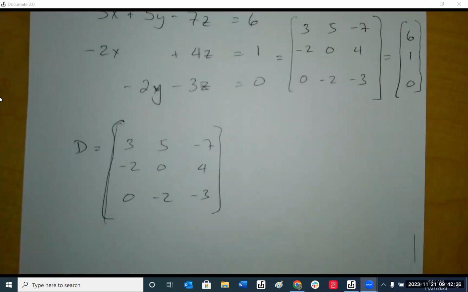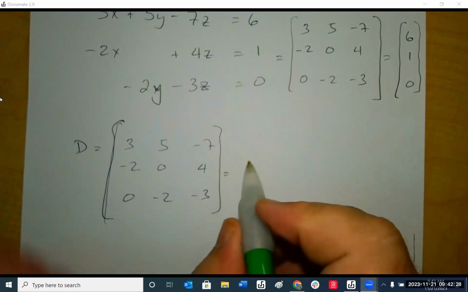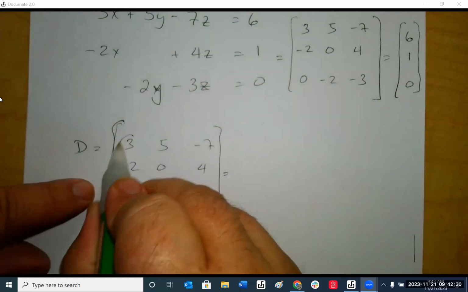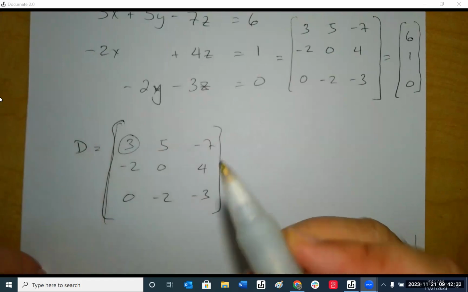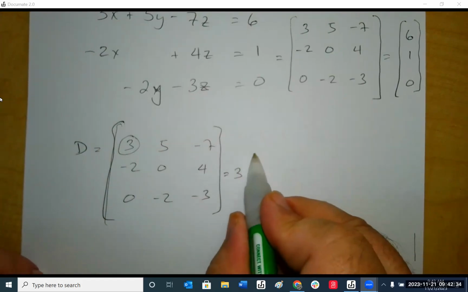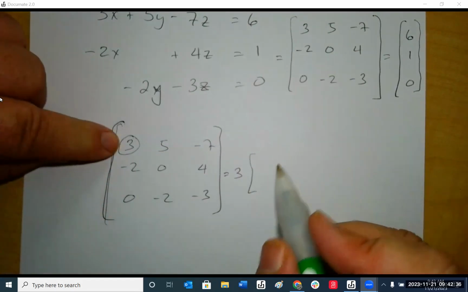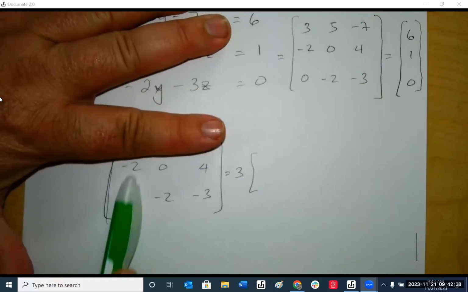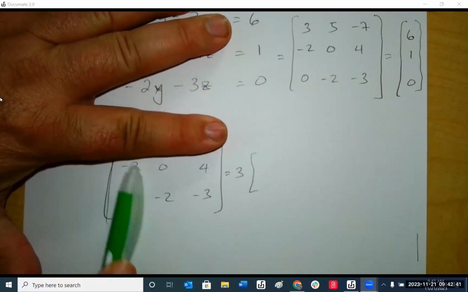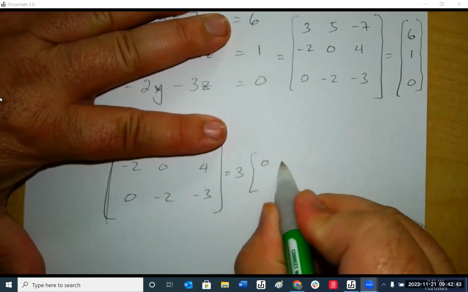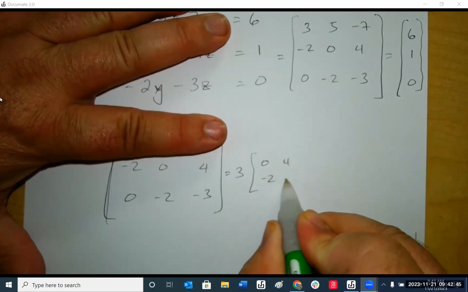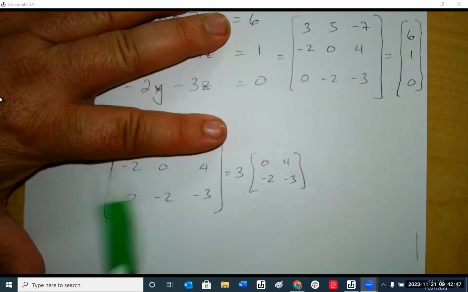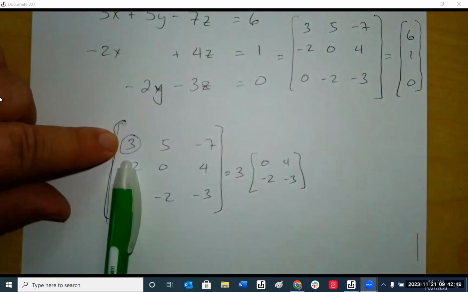To find the determinant here, start with the first term. Now, since you're using 3, we can't use anything in that row or that column. So we have a smaller matrix, 0, 4, -2, -3. We use the 3.